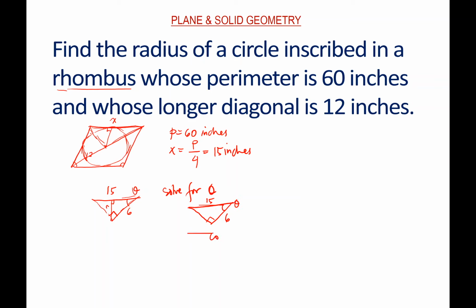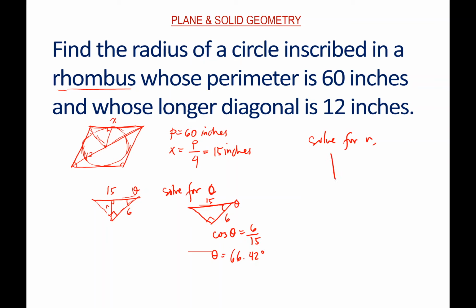So cosine theta is equal to 6 over the hypotenuse, 15. Solving for theta, we have 66.42 degrees. And then to solve for r, very simple.